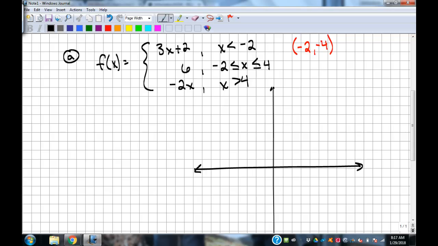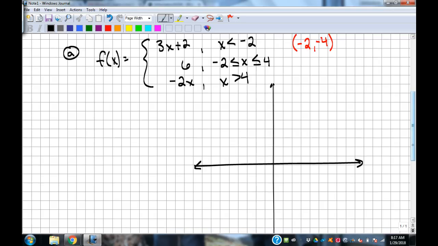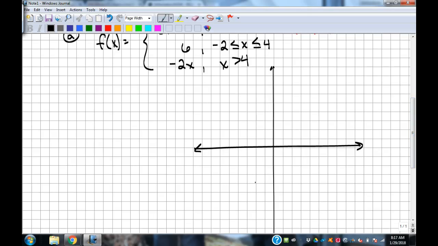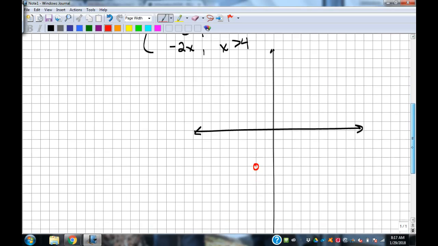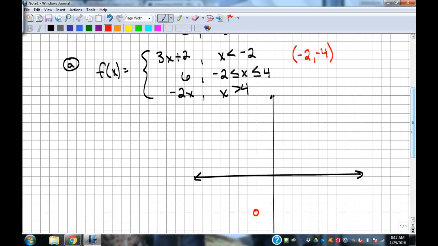As in, is it a filled-in circle or an open circle? Very good. There's no equal to mark, so it's an open one. So I'm going to negative 2, negative 4, and I'm putting an open circle because there's no equal to mark on that. Now, everything else that's happening with that part is happening where x is less than negative 2. So x is less than negative 2 is going to be to the left of this.